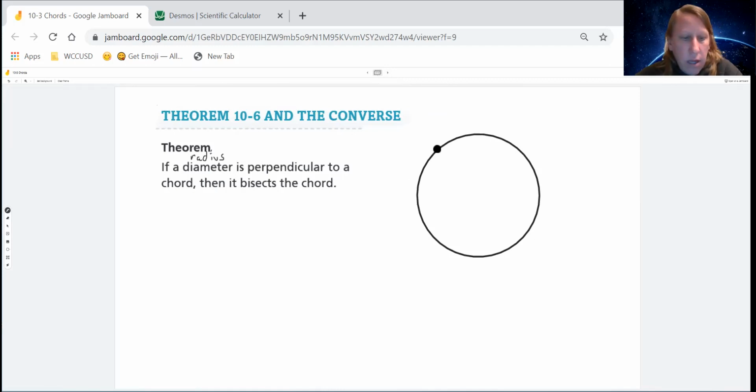So I can start with any chord I want on here. I'm going to do chord AB. Chords are line segments whose endpoints are on the circle. Okay, and then I need the center of my circle, which I'm going to say is about there.